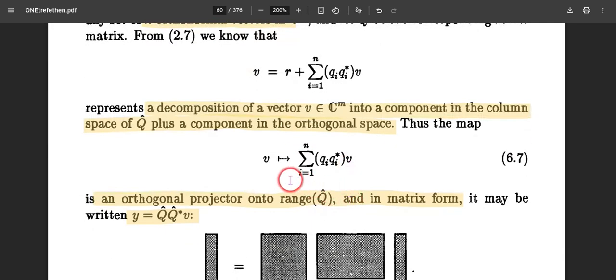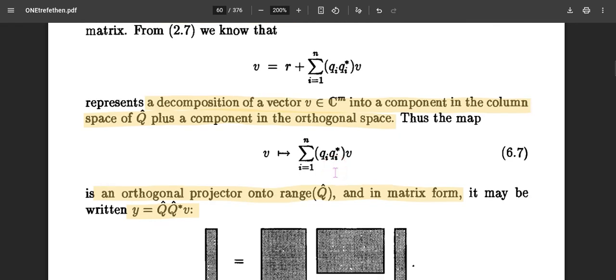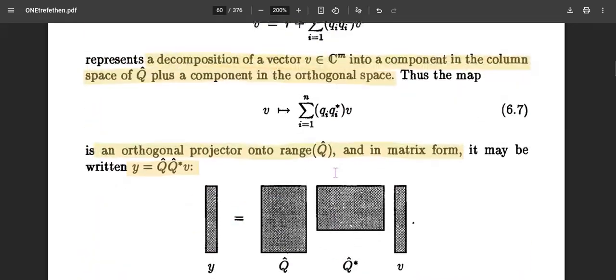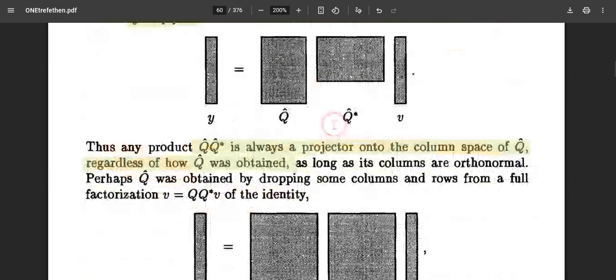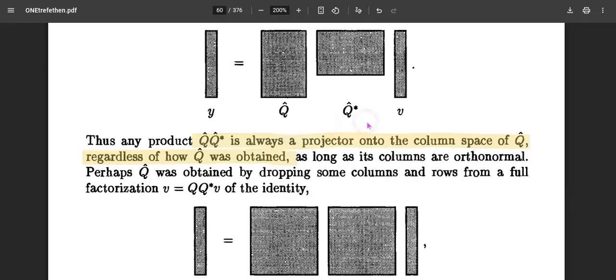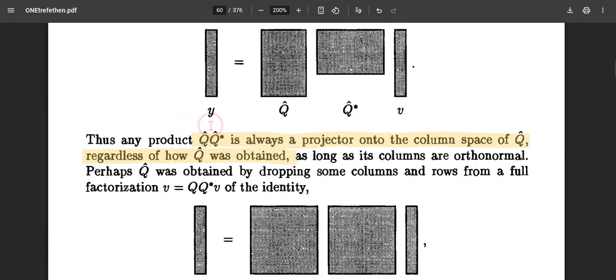So it means that we can formulate a projection onto this orthonormal basis, where each term is a component along the orthonormal columns, and the orthogonal projection comes from the columns of Q. Q Q transpose will be the projection P, and once v is projected, P v is termed y.